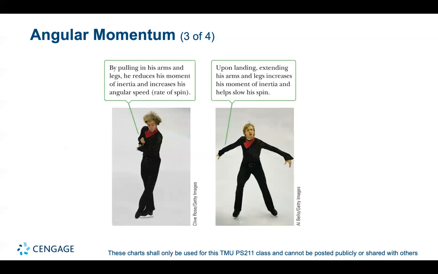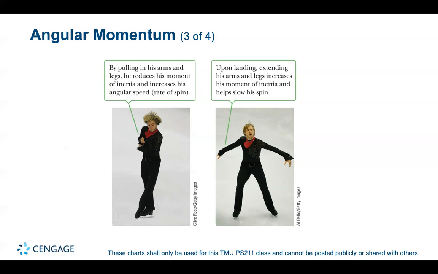So here's an example of a skater and how they vary their moment of inertia by changing angular speed, just by moving the arms and other parts of one's body. So conservation of angular momentum applies to macroscopic objects such as planets and people, as well as to atoms and molecules.